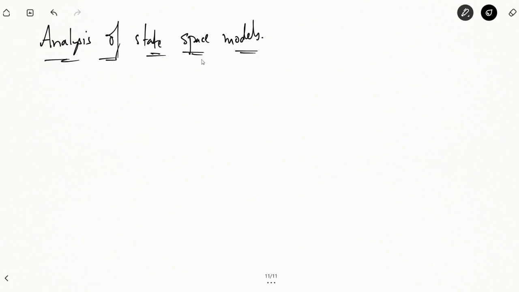Now moving on, we have to do the analysis of state space models. There are three important properties that we can determine using a state space model. One is controllability, second is observability. These two properties cannot be determined in case of a transfer function.